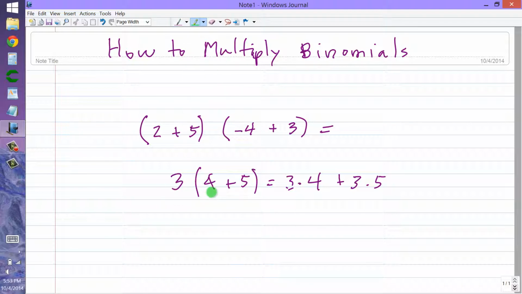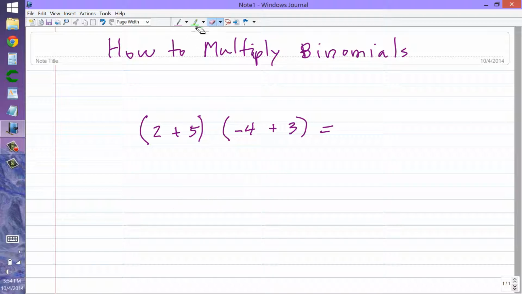You just multiply the 3 by the first term and then 3 by the second term. And in this case you get 12 plus 15 equals 27. Now that's a monomial right there, the 3, a single term, just one number or variable in algebra.